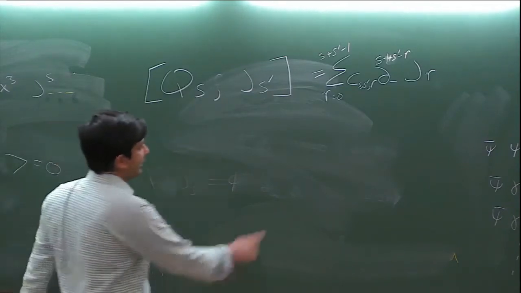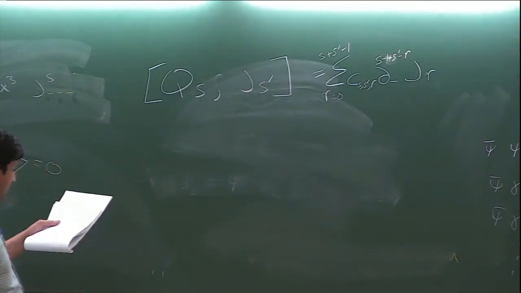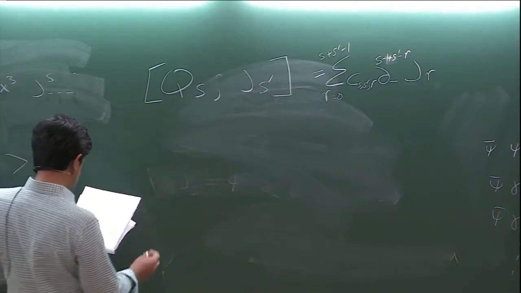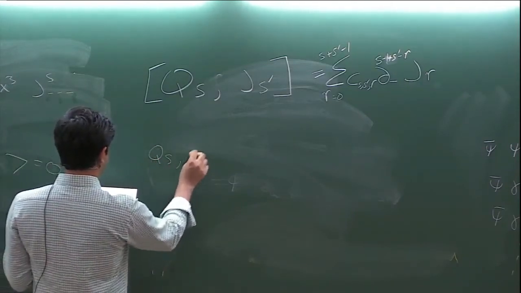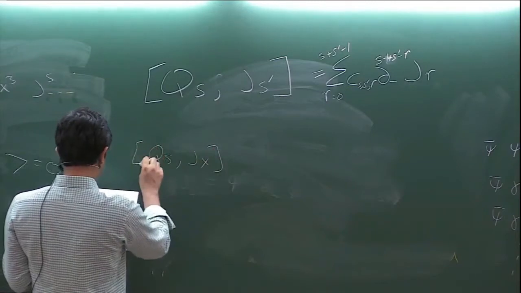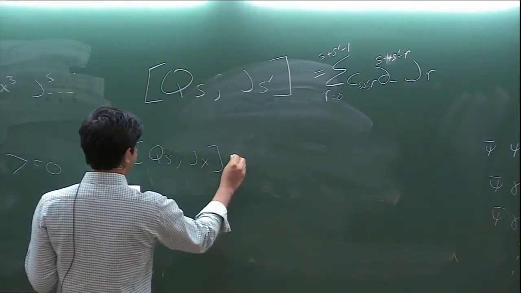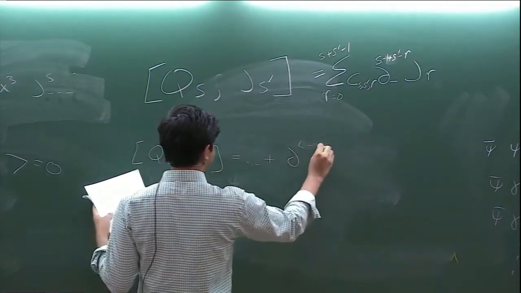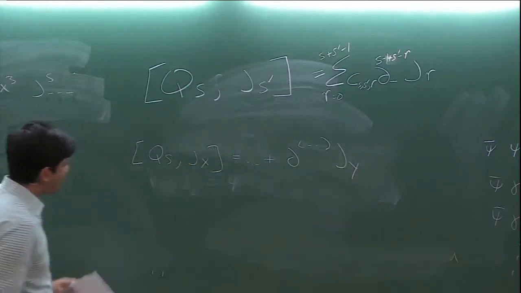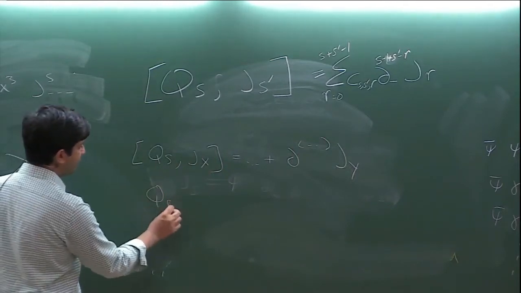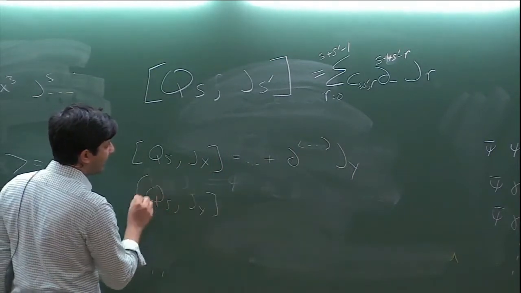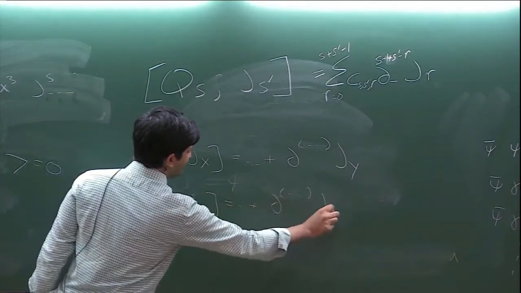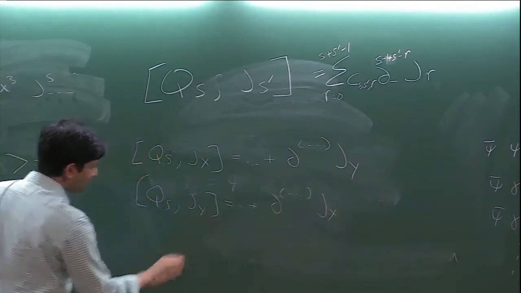A simple example of that is this lower limit of this sum. So I claim, suppose QS acting on a current Jx includes a term which is some derivative of current Jy, then you can argue that QS acting on Jy has to also include a term, perhaps with a different coefficient, acting on Jx.